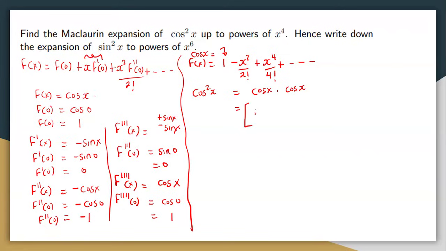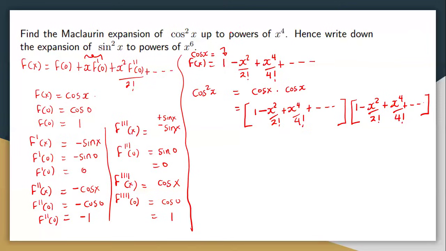I have the first series, which is 1 minus x squared out of 2 factorial, then plus x power 4 out of 4 factorial plus and so on. And this one, I'm multiplying it with 1 minus x squared out of 2 factorial, then plus x power 4 out of 4 factorial, then plus and so on. Members, are we still together up to that point?